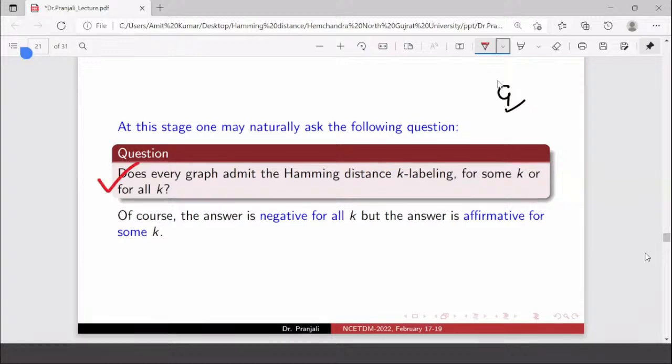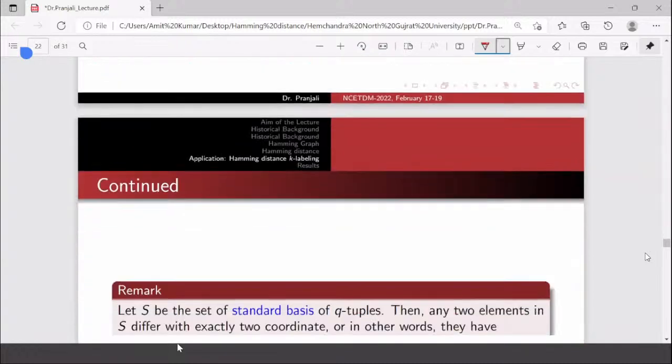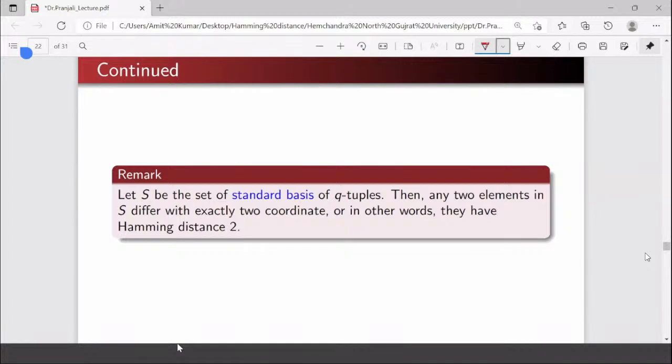Towards digging into this problem, we found that the answer is negative for all k, but it is affirmative for some k. If I talk about k equal to 2, then my answer is affirmative, and I can embed any graph into my Hamming graph H2 Q_d.